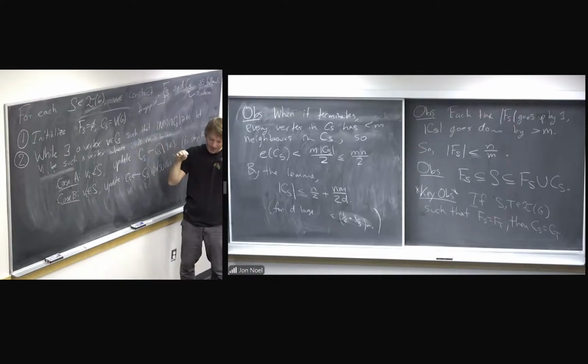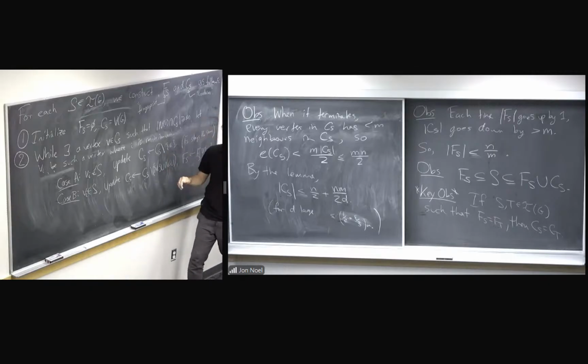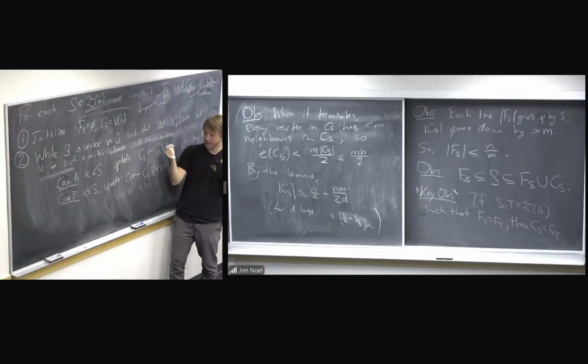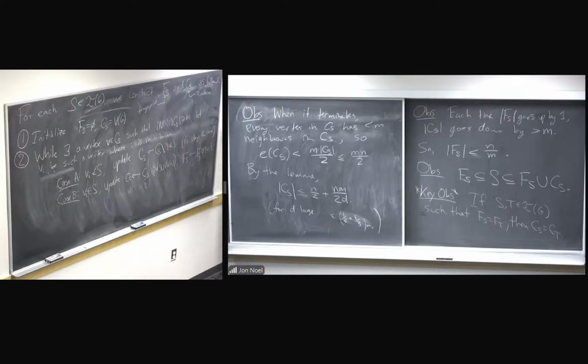If there's any stage where a different decision is made, like if the choice of VI is different in the two cases, well, if it hasn't been different so far, then it won't be different. So essentially, if there's ever a different decision made, what's going to happen is some vertex gets put in the fingerprint of one of the sets, but not the other. And that'll cause their fingerprints to be different.